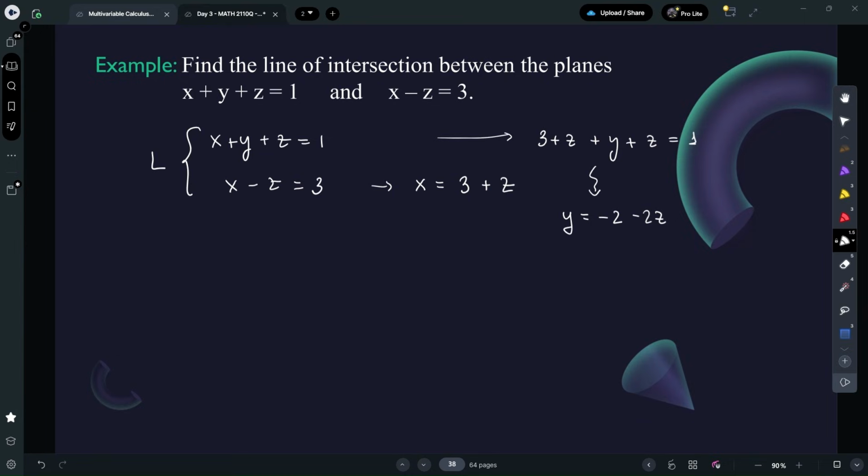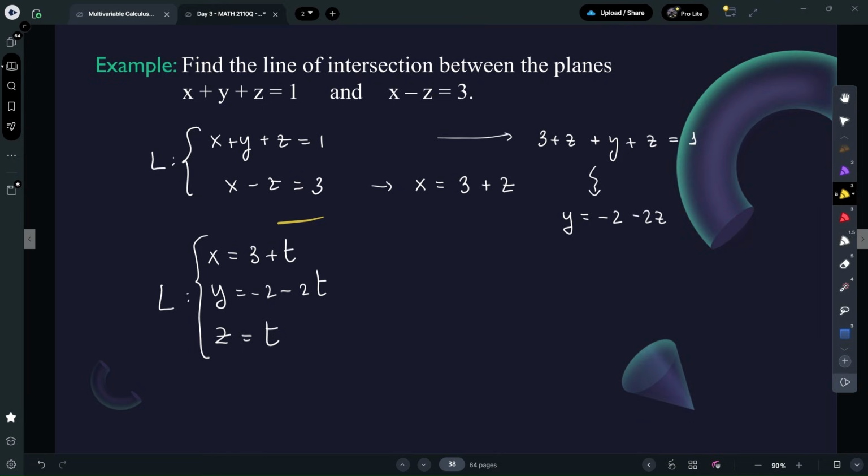So I can write everything in terms of z. If I give z a parameter t, then x is 3 plus t and y is minus 2t. So this is a parametric equation for the line that is the intersection of the two planes.